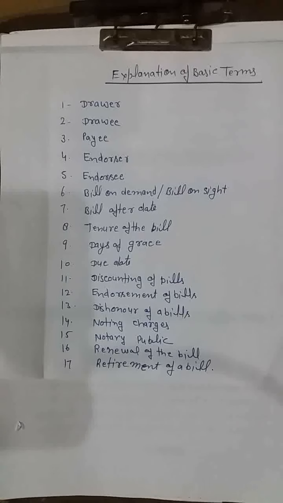The bill can be endorsed by the drawer by writing only his signature at the back of the bill or by signing the bill along with the name of the party to whom it is being transferred.